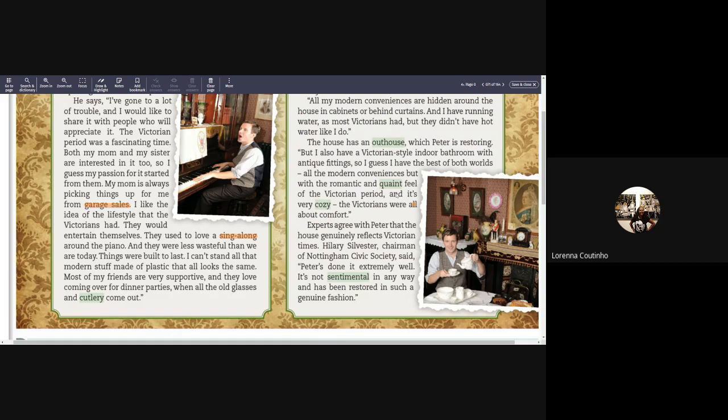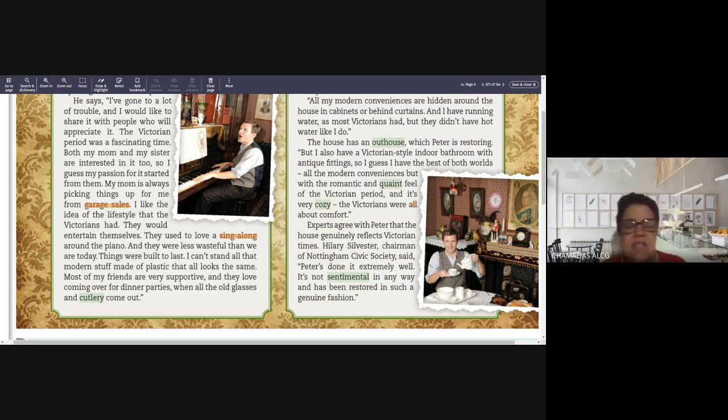Quaint is like nostalgic, right? Like something nostalgic, kind of romantic. It's almost like a synonym to romantic because quaint means nostalgic. So quaint feel of the Victorian period.